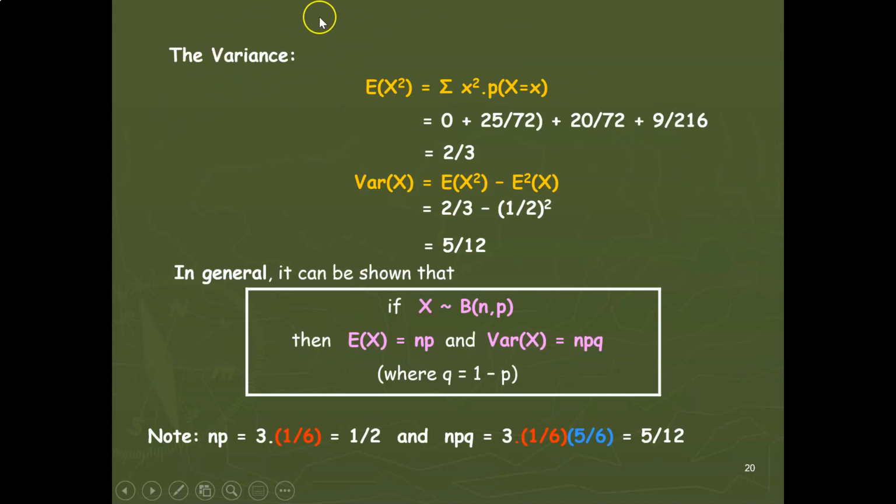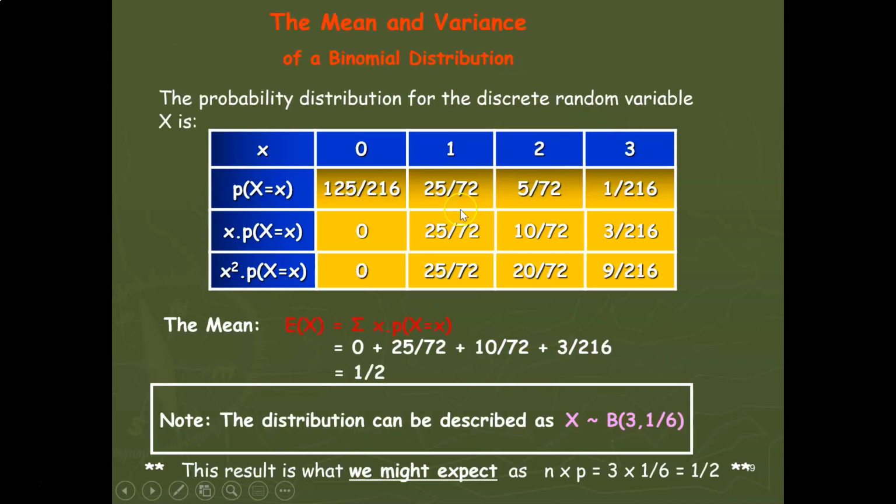How about the variance? The variance is also the same. Expectation of x squared equals the summation of x squared times probability of x. Previously we calculated this, and for this row you use it for the variance.